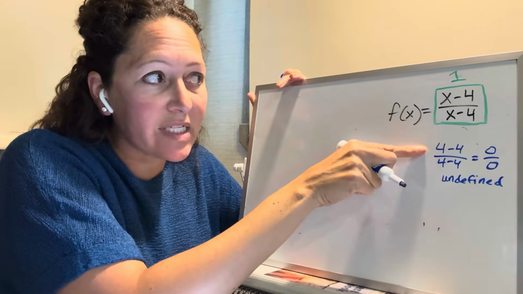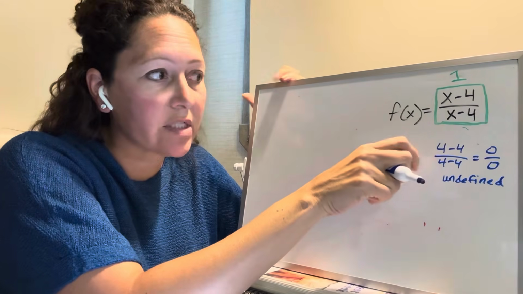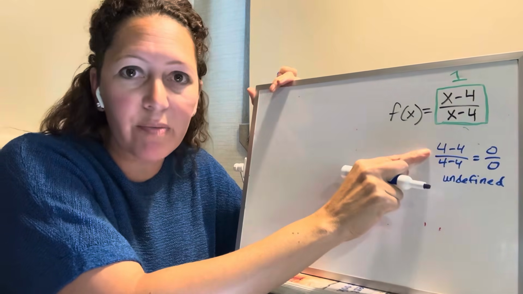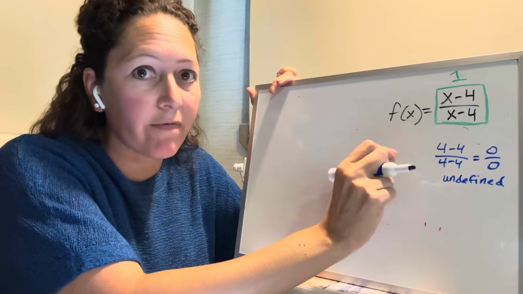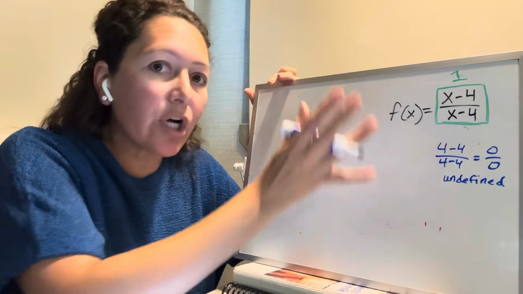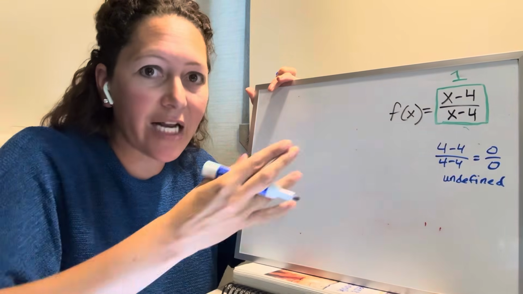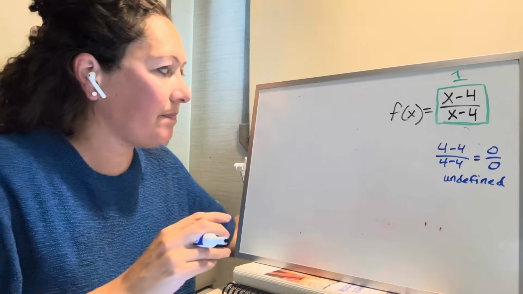If my x was equal to 5, the equation works. If my x is equal to -2, my equation still works. The problem is exactly at the point where 4 is at. So we're good after 4, we're good coming up to 4, but we're not good at the exact value of 4.